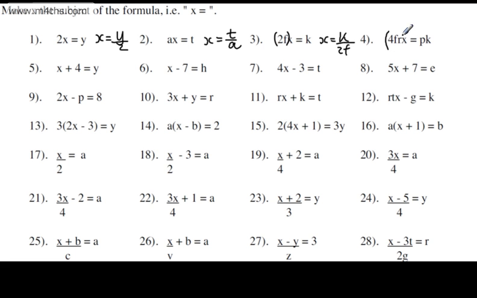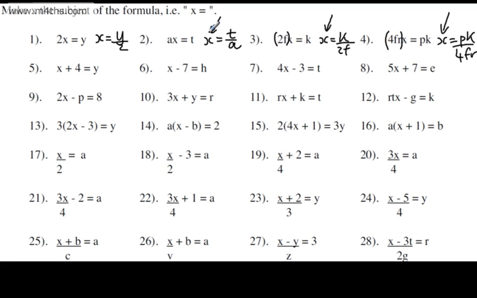This one just here, we've got 4fr multiplied by x is equal to pk. So x will be equal to pk divided by this value of 4fr. And that has now made 1x the subject. X is the subject, not 2fx, not 4frx, not ax, it's just x.